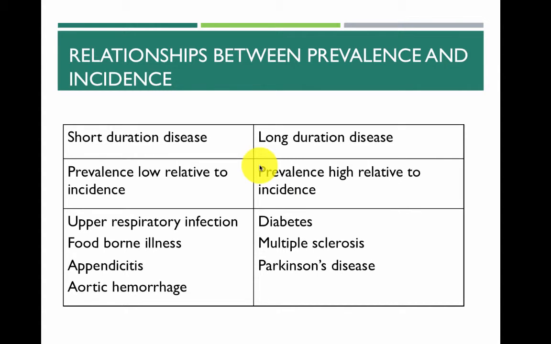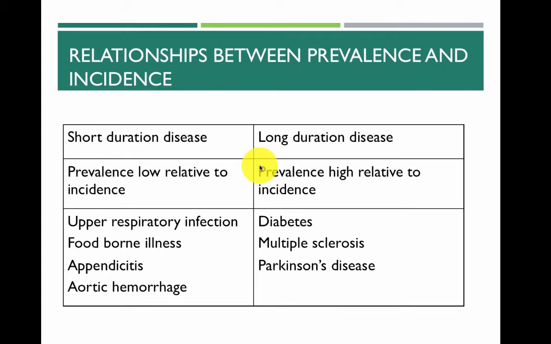So for diseases that have a short duration, we're typically going to see a low prevalence rate compared to incidence rate. So this means that they're quickly leaving that prevalence pool, they're leaving the drain. And so these are diseases like an upper respiratory infection, where you might come down with a respiratory infection quite often, but you get over it pretty fast.